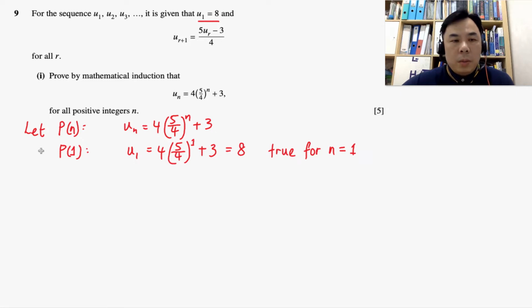Alright, now I'm going to make an assumption. Assume Pk, the proposition for n equal to k, is true.